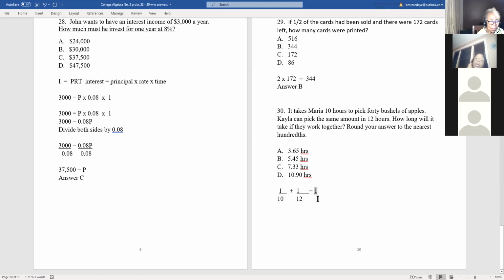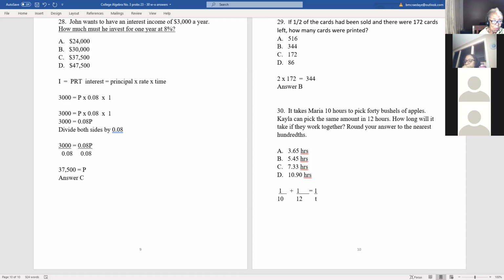So how do you solve for t? T is the time it takes them working together. You've got to find the LCD, the least common denominator. So for 10 and 12, what is that? What number can you divide 10 into and 12 into? 120.